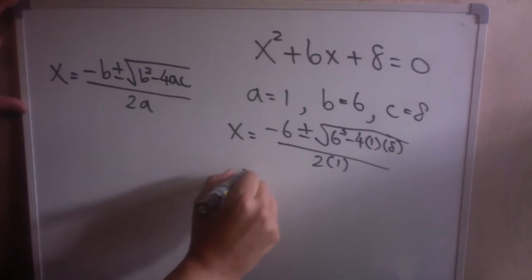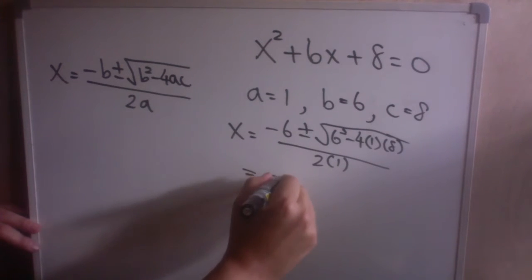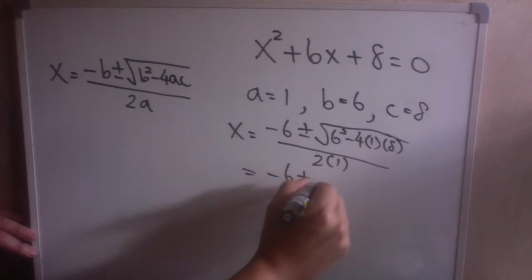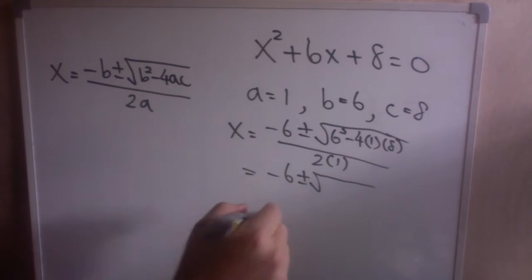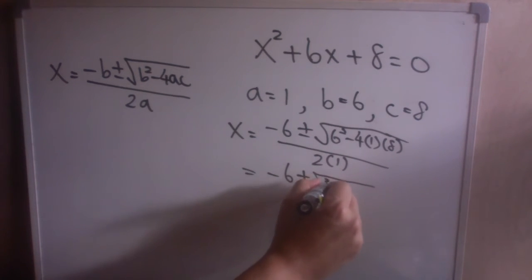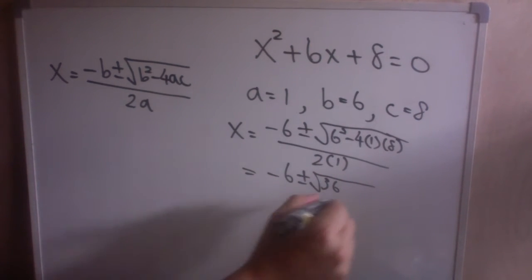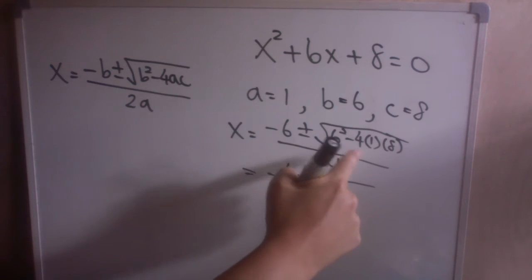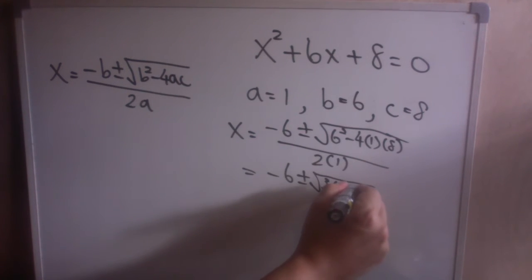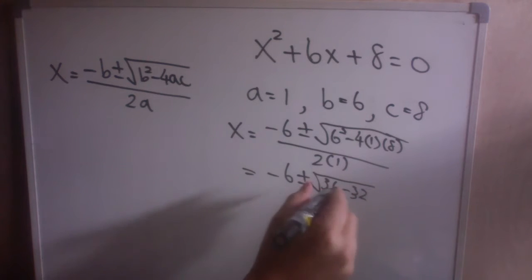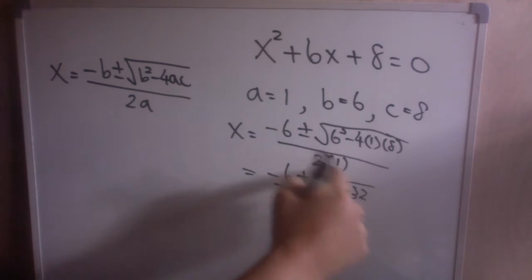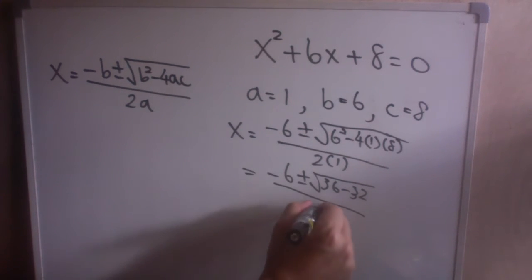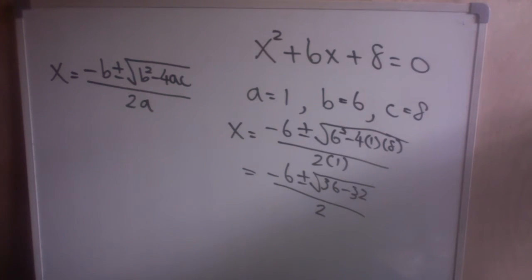So this is going to be equal to negative 6 plus and minus the square root of 6 squared is 36, minus 4 times 1 times 8, that's 32, over 2 times 1 is just 2.